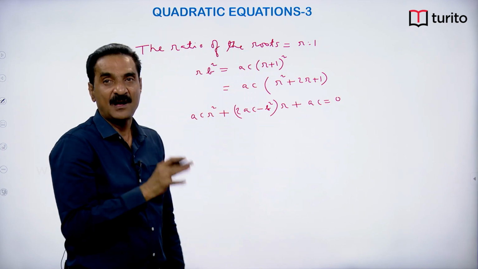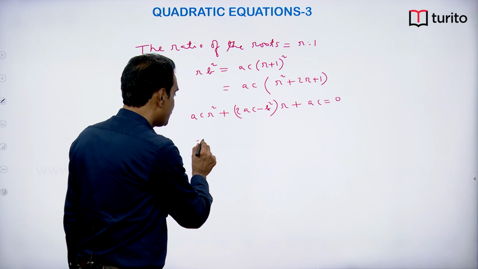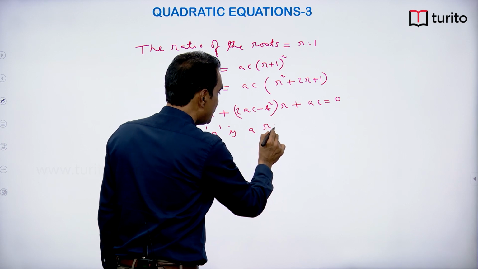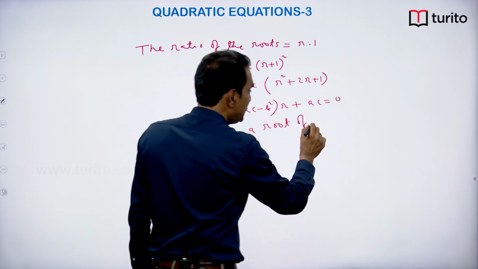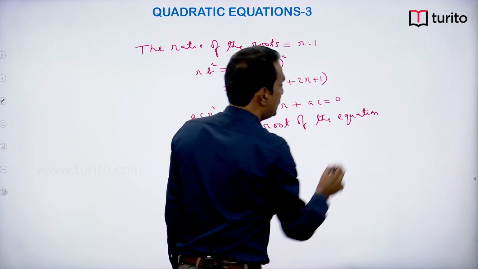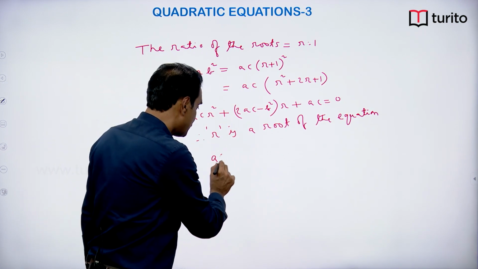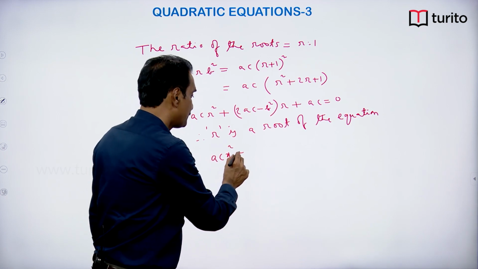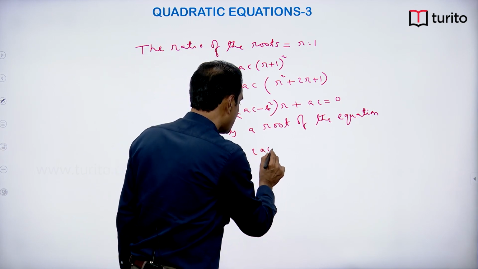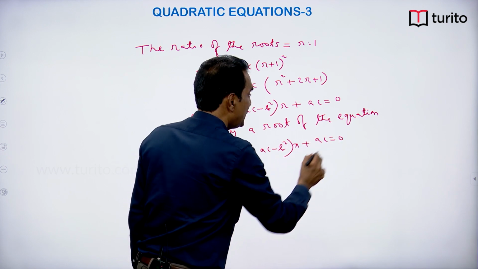Now, it is a quadratic equation in r, or we can say that r is a root of the equation ac x square plus 2ac minus b square into x plus ac is equal to 0.